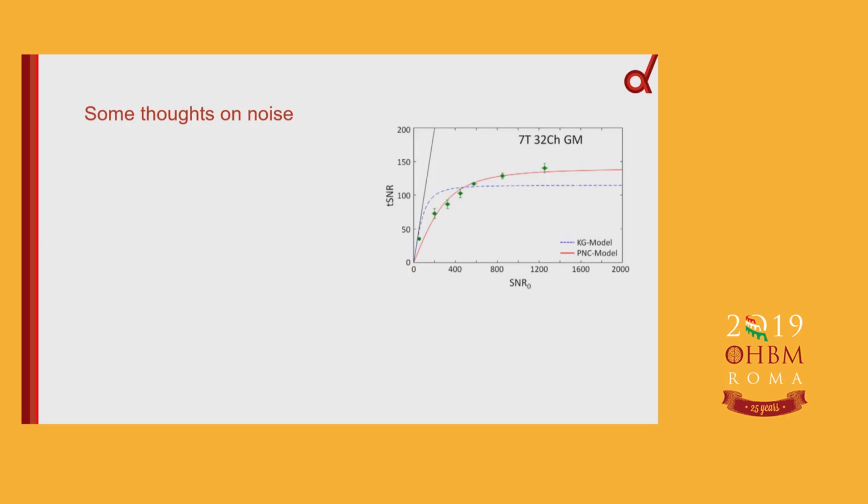So it means that, for example, increasing your field strength doesn't give you a lot of benefit because you increase your signal and you increase your noise in the same ratio. It also means when you do things like parallel imaging, which reduce your acquisition window, you don't care about it.